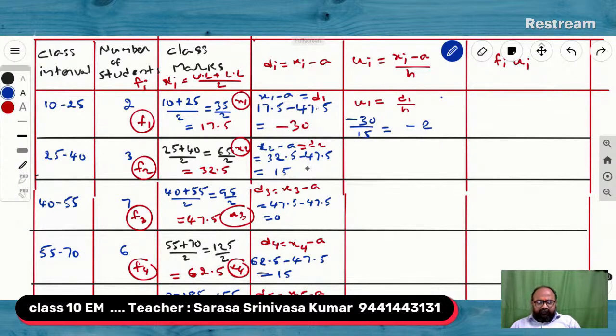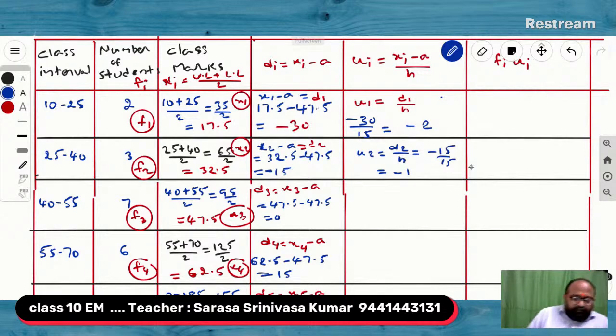Now the next step, U2 equal to D2 by H. D2 is actually minus 15, so minus 15 by 15 equal to minus 1. U2 is minus 1.